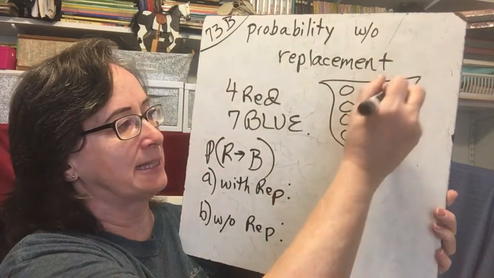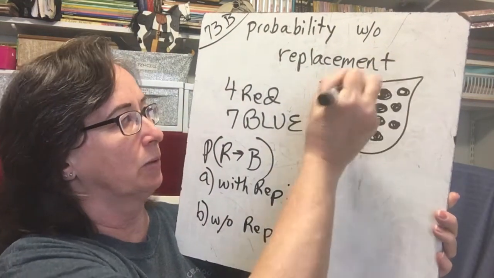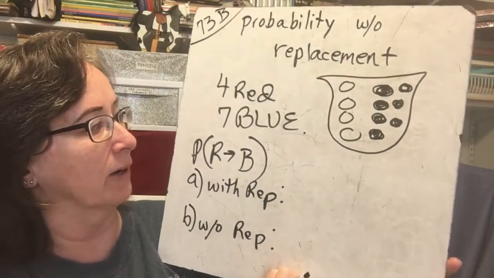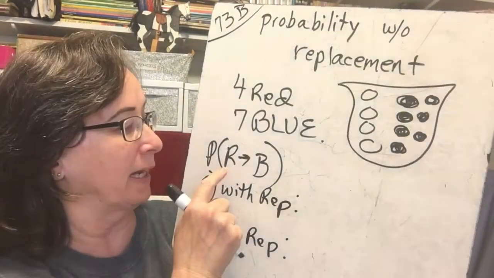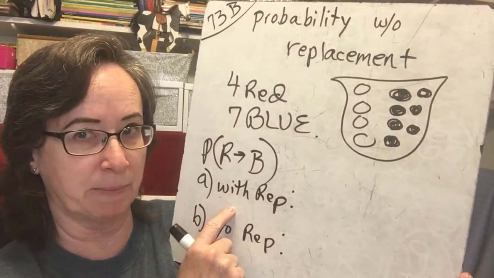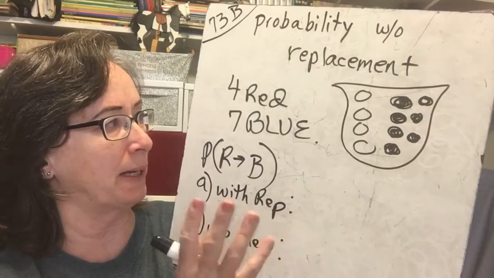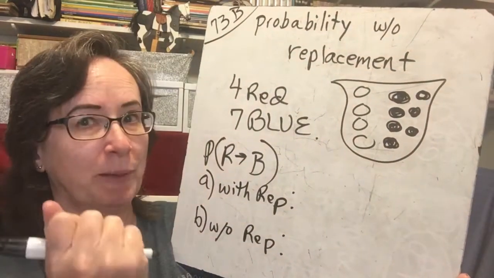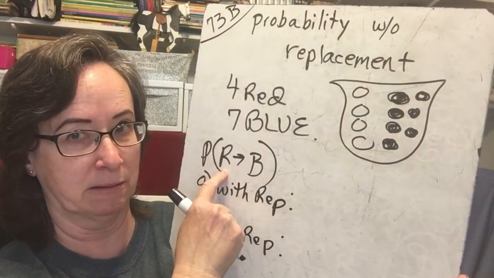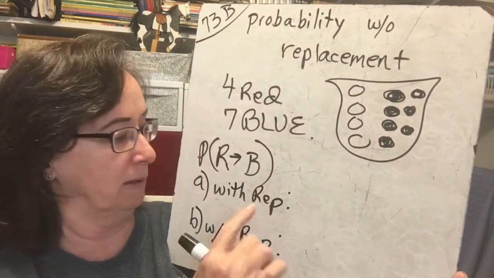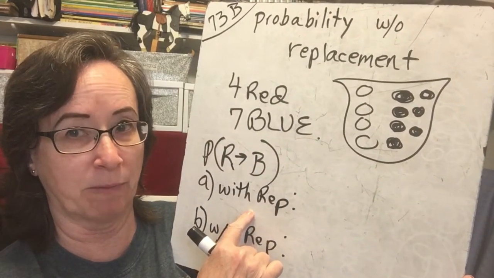Okay, so I have 7 that are blue and 4 that are red in my little scenario here. And I'm looking for the probability of a red and then a blue with replacement. So with replacement means I'm going to draw one. I'm going to assume it's the one that I wanted. And I'm going to draw another one, assuming I put that one back in.